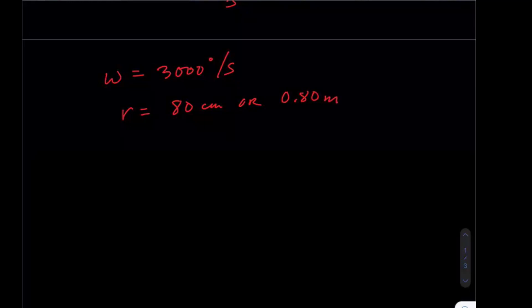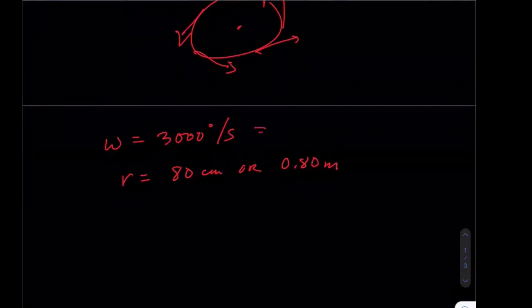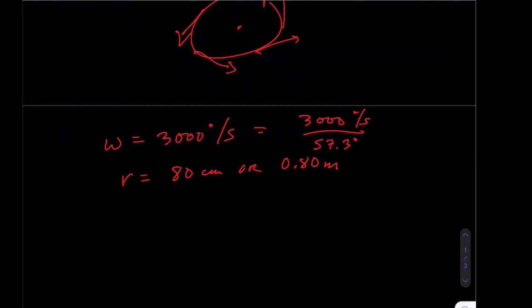We've got everything, so we can easily plug this into our equation, but before you do so, you have to convert the 3,000 degrees per second into radians per second. So on my calculator, I take 3,000 degrees per second and divide that by 57.3, because there's 1 radian for every 57.3 degrees. That should give me roughly 52 radians per second.